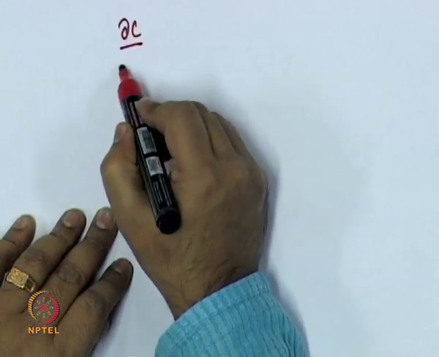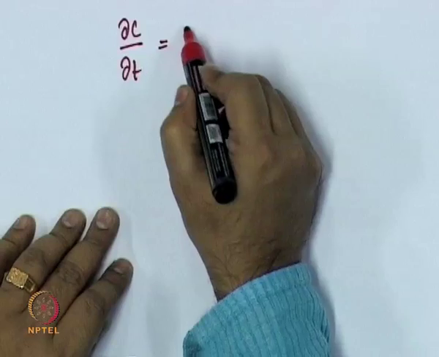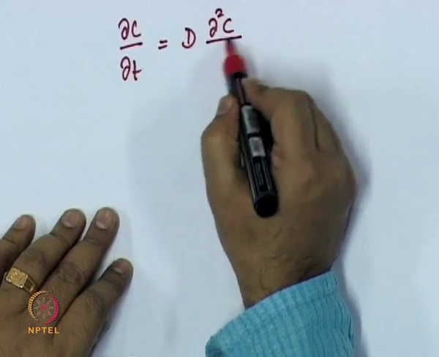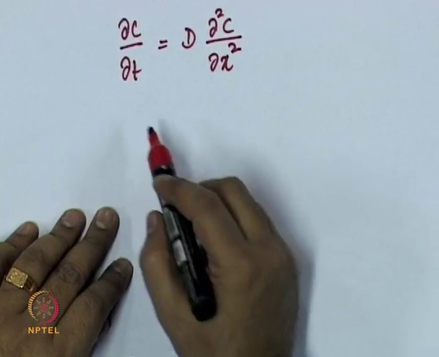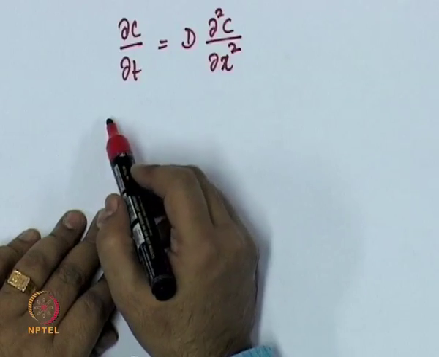So, it is ∂C/∂t equal to D ∂²C/∂x². This is the equation that we are trying to solve. And the discretized version looks like this.